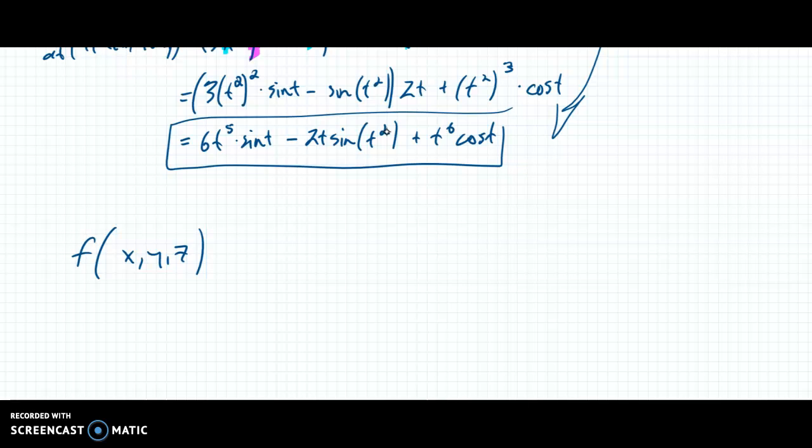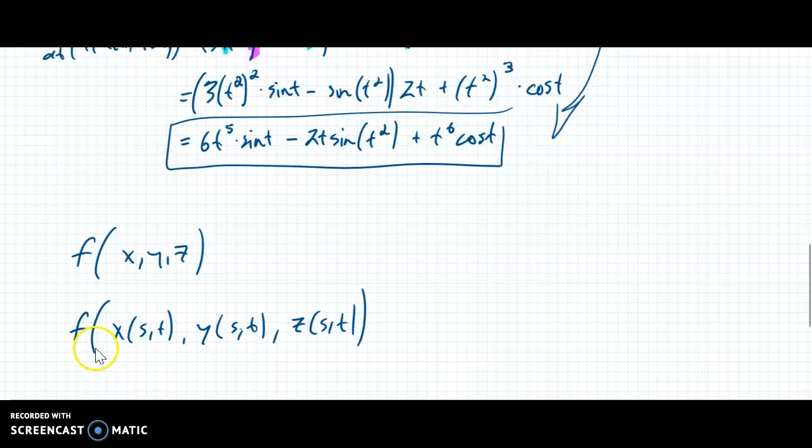So it'd be something like f of x of s, t, y of s, t, z of s, t. And doing that chain rule is more complicated than this up here, but it follows the same ideas.